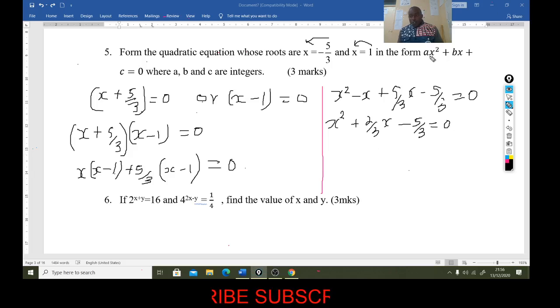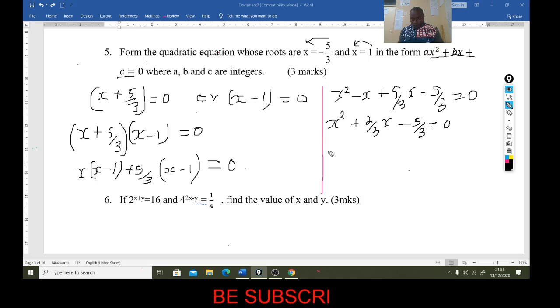Remember, the question was giving you the form they want you to give the answer in. If you fail to give the answer in the form they have given you, you will not score the answer mark. Now what you do here, if I multiply by 3 all through, I shall get the format I'm given.